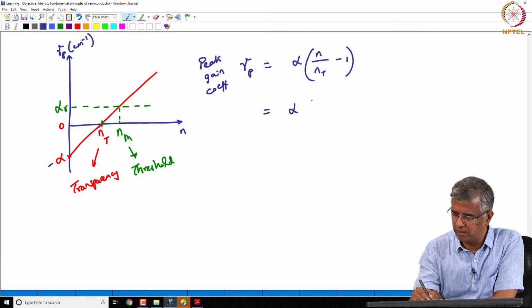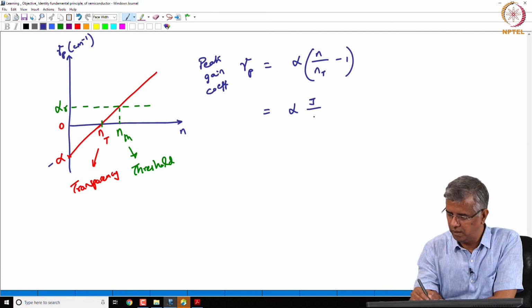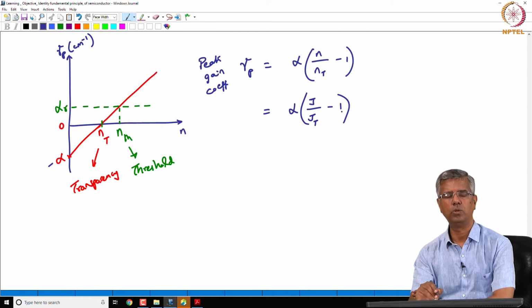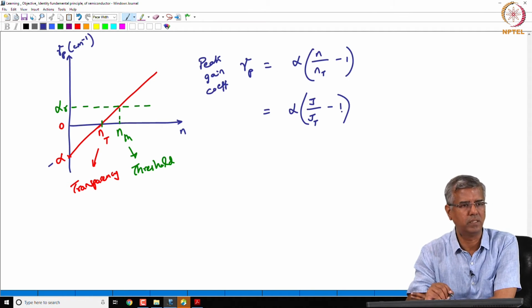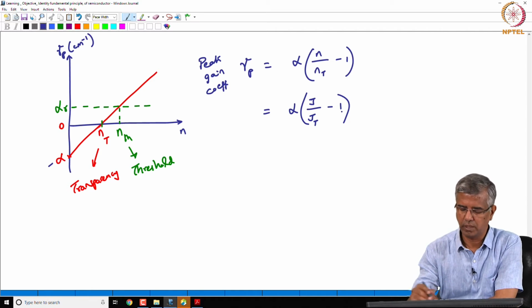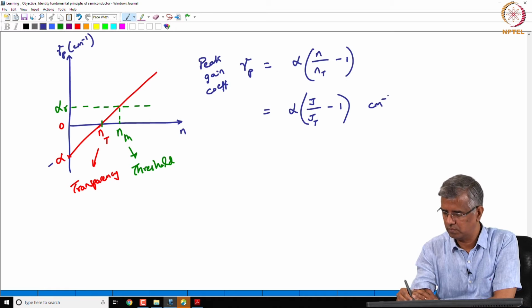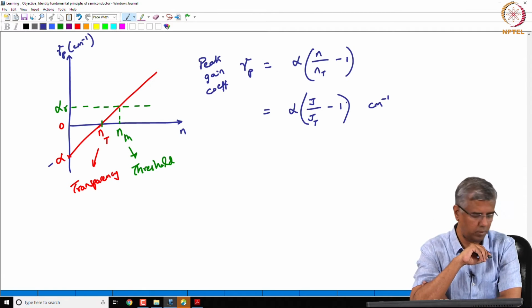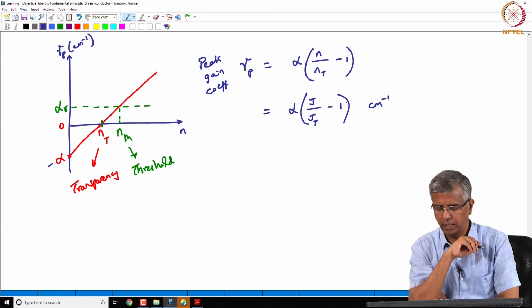So, you can write this as J over Jt, where J corresponds to the injected current density, and Jt is a constant for a given material corresponding to the current density required to achieve transparency. That's a net gain of 0. Okay. So that is the expression for your gamma p, right.